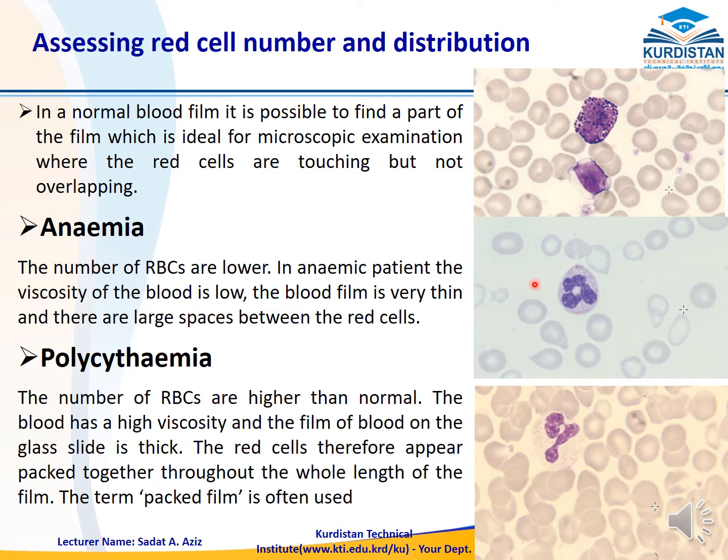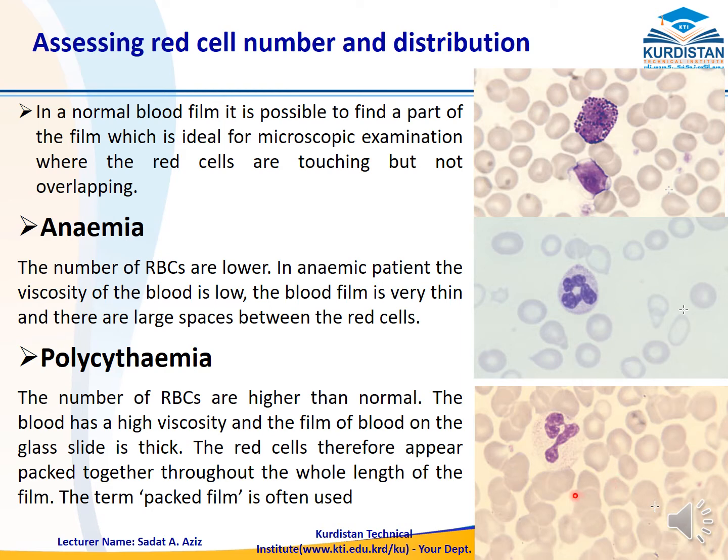So when you have a small number of cells and less hemoglobin within the cells, the cells get thinner. So there is a very large space between the cells. When you see a blood film like this, you might say this is anemic. So they have a low number of red blood cells.